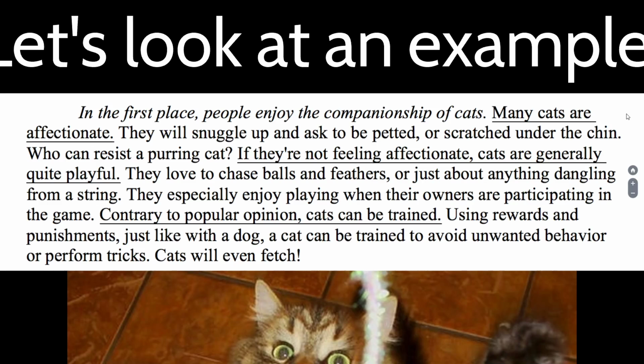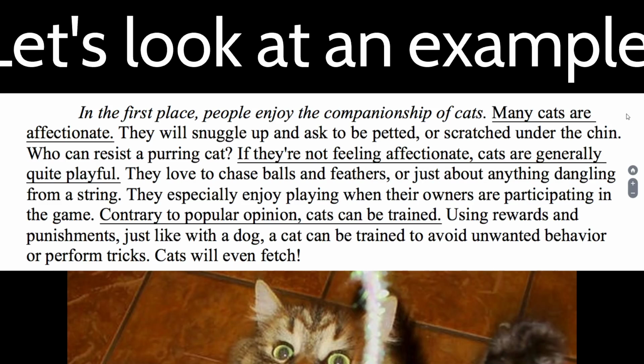Okay? Now, let's look at the detail sentences. In this case, the writer was thinking about what am I going to write here that shows cats are playful, and they thought of an excellent way to do it, and that was to write down a list of cat toys. This is all this is, okay?